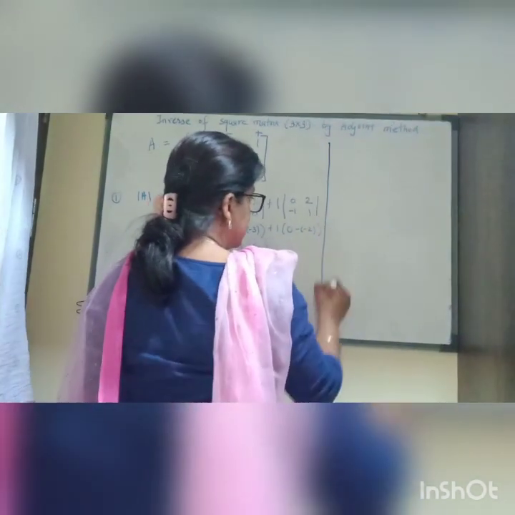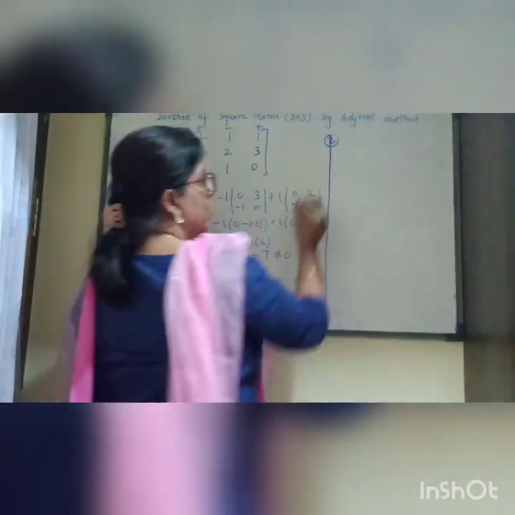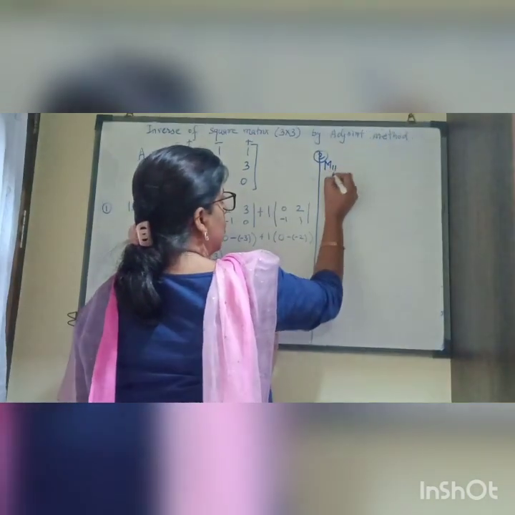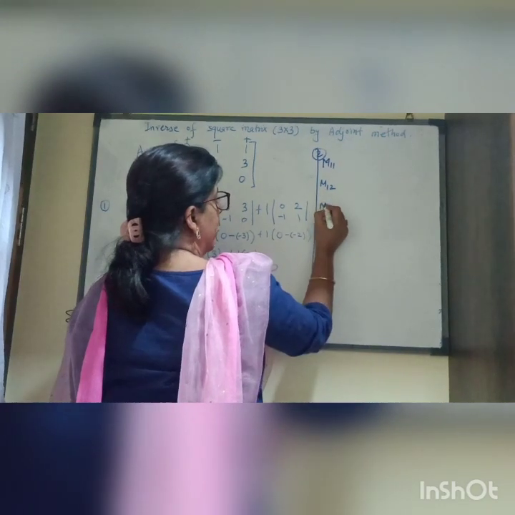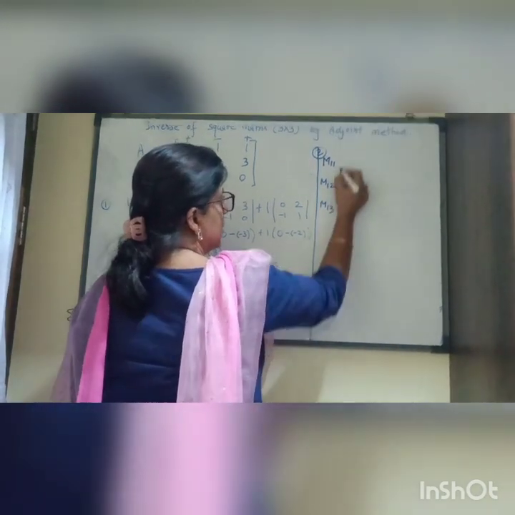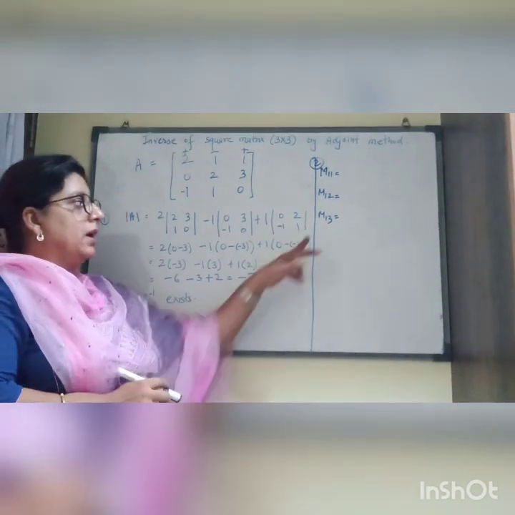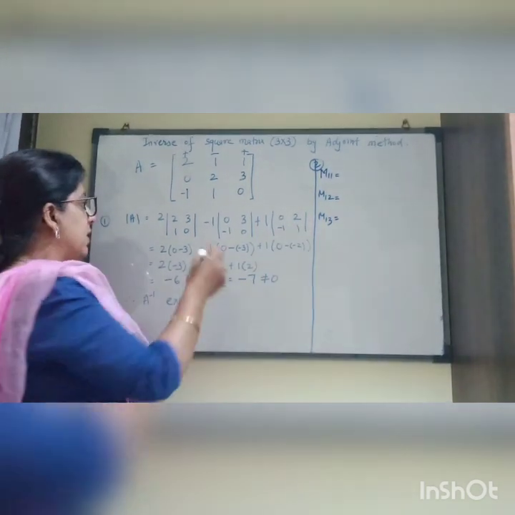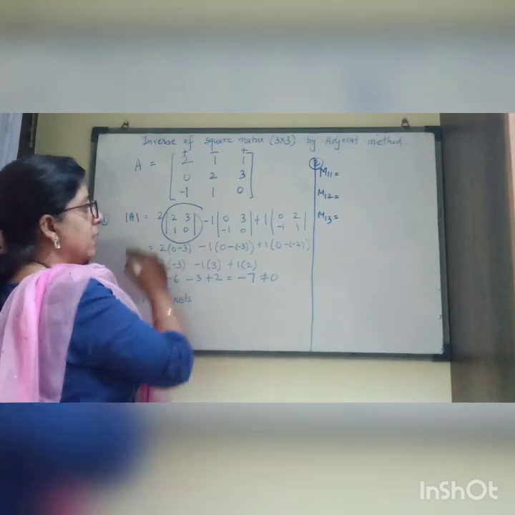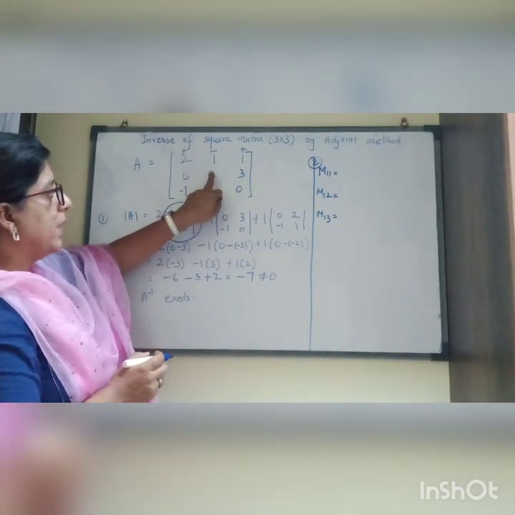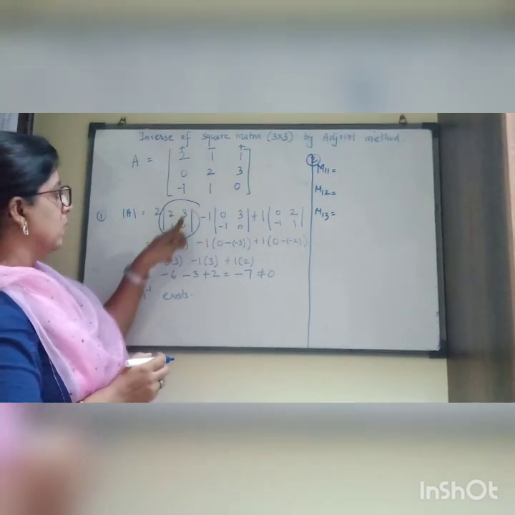Now the second step: we have to find the cofactors, and before finding the cofactors we have to find the minors. In all there are 9 minors. The values of 3 minors we will get from here. M11 means leave the first row, first column. So what will remain? 2, 3, 1, 0.